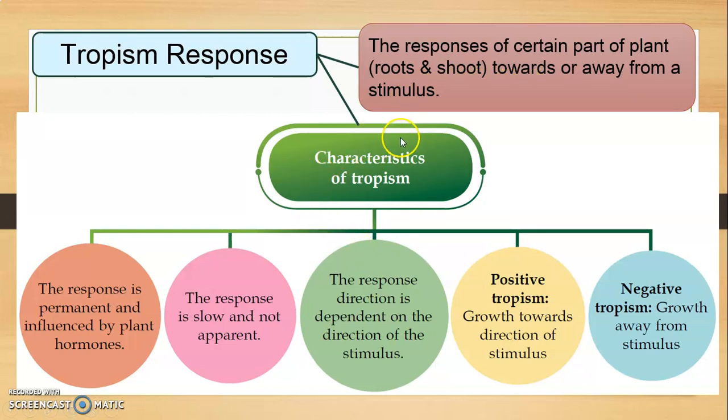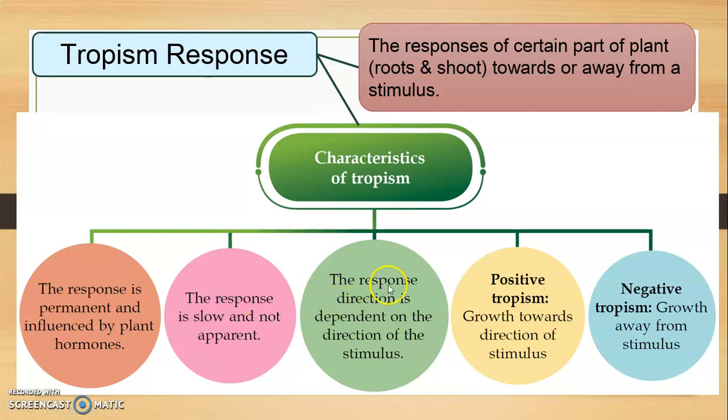What are the characteristics of tropism? First, the response is permanent and influenced by plant hormones. Then the response is slow and not apparent. What do you mean by apparent? Apparent adalah obvious ataupun ketara. Maksudnya di sini gerak balasnya adalah perlahan dan tidak ketara.